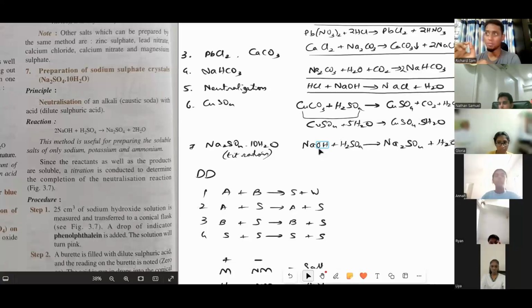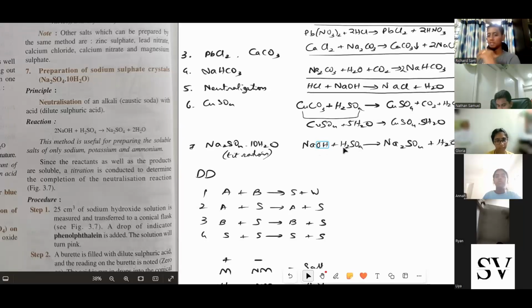You're putting it in base. So what color will it turn? Pink, right? Phenolphthalein turns pink in a base, and in an acid, what color does it turn? Colorless. So right now you put this drop of phenolphthalein, the whole thing turns pink. So you know that it's a base.